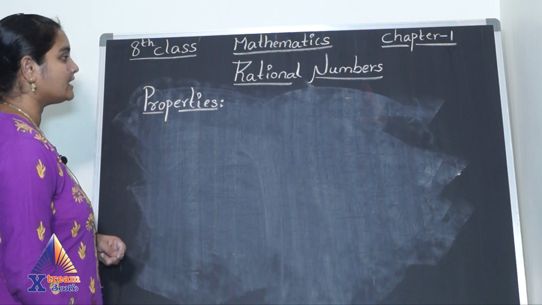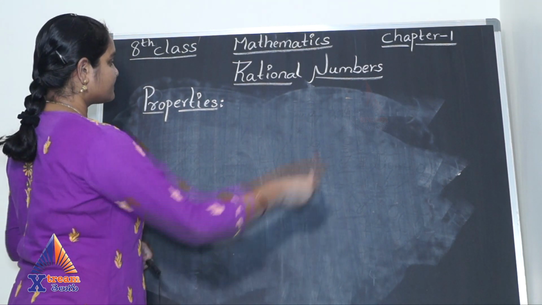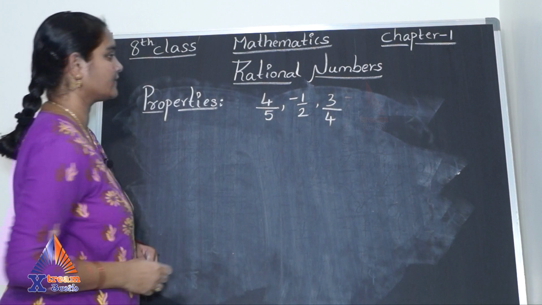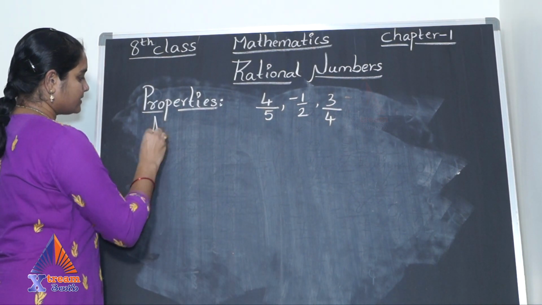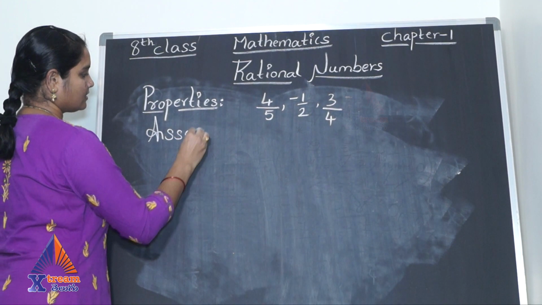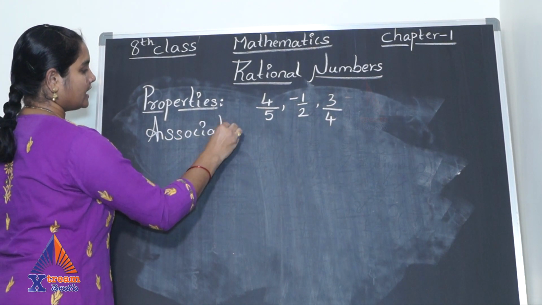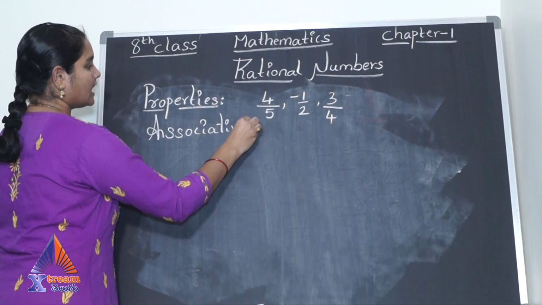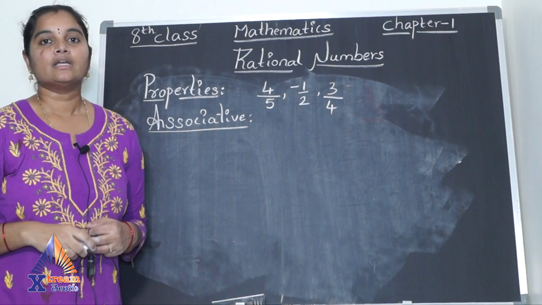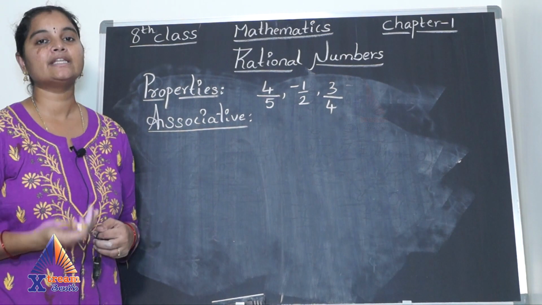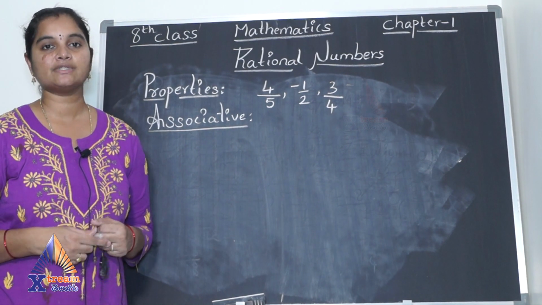Let's start. We'll take three rational numbers in today's class. These are the three rational numbers we have taken, and today we'll check them with the associative property. Associative property mainly talks about regrouping the numbers so that your calculation becomes easier.